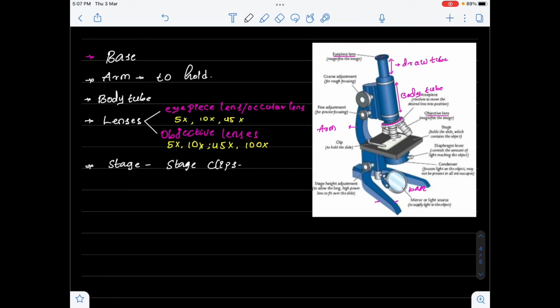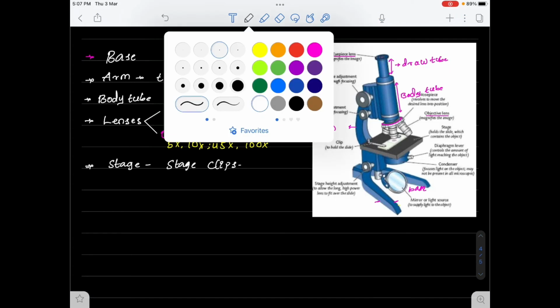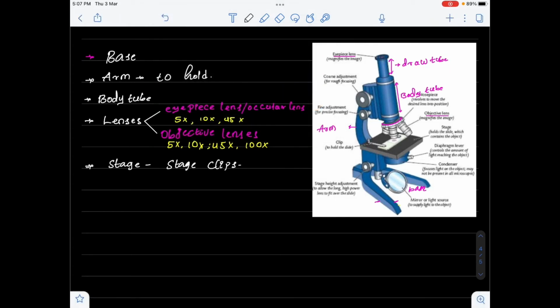These two stage clips are present. See, this is one stage clip, and on the other side there is one more. These two stage clips are used to hold the glass slide.